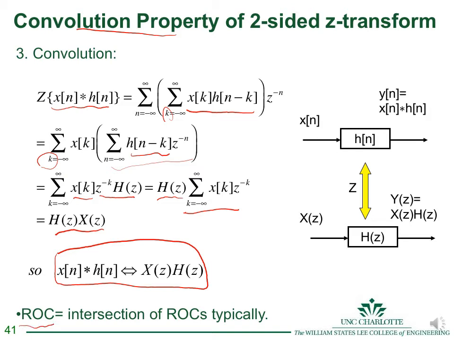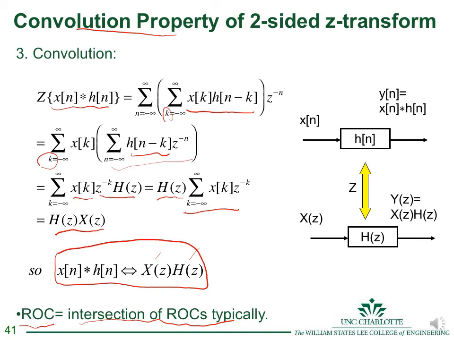So of course, in an area where one function is finite and the second function is finite, the pair should be finite. And so it's the intersection. There can be unusual cases where there might be a pole zero cancellation. Those are best to be very cautious of, even if you see that. And so the safest bet is to assume the region of convergence is the intersection of the two.